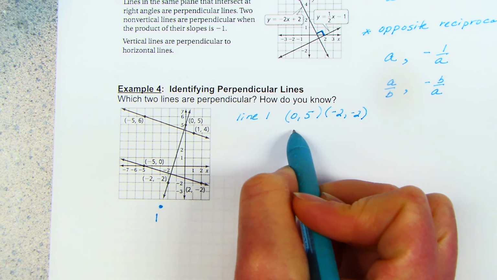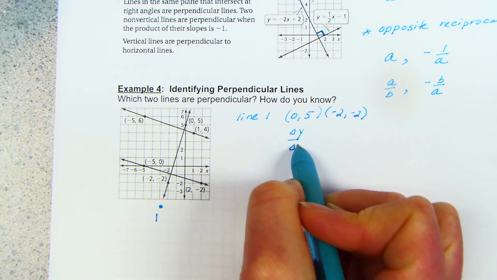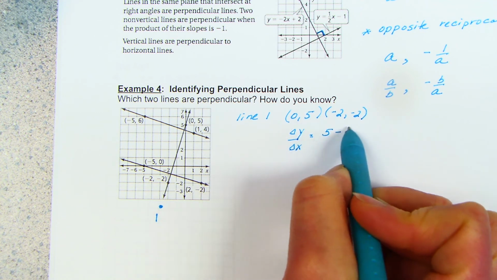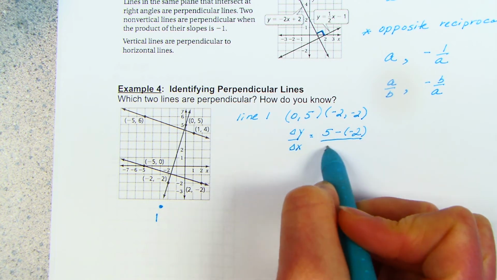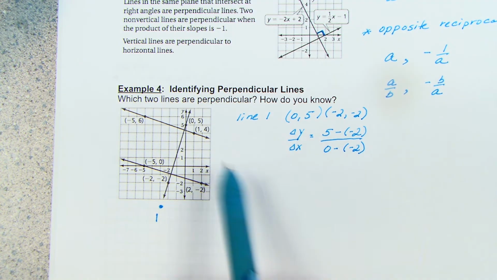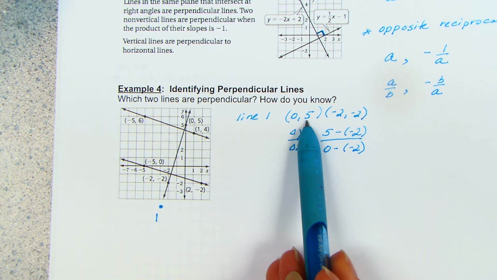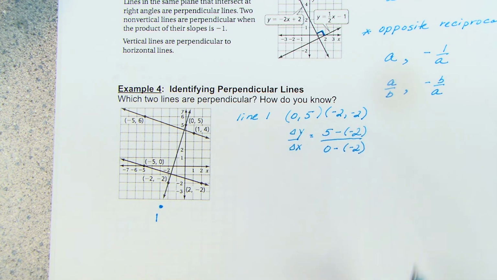Okay. Yeah, I have change in the y over the change in the x. 5 minus negative 2 over 0 minus negative 2. 0, 5, negative 2, negative 2. 5 minus negative 2, 0 minus negative 2.